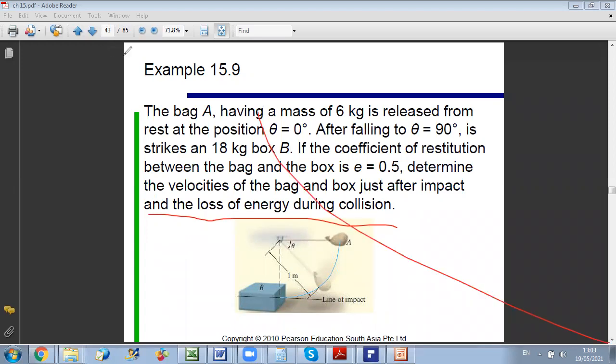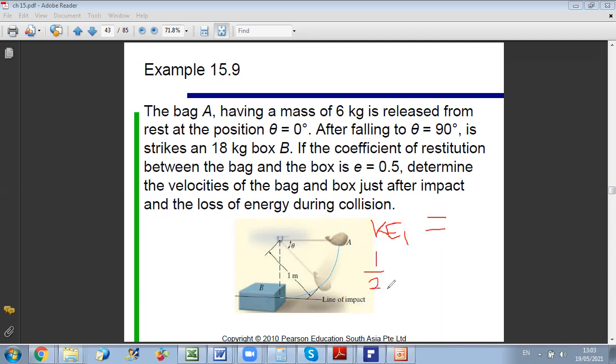Since we know that the initial velocity of B is 0, we can compute the initial kinetic energy. So KE at the state before collision, KE1, is equal to half MA times VA1 squared.